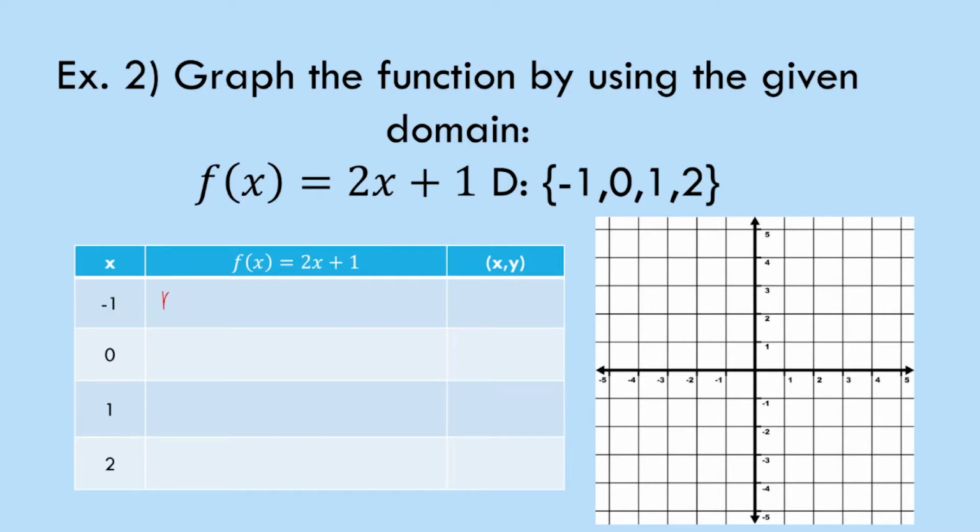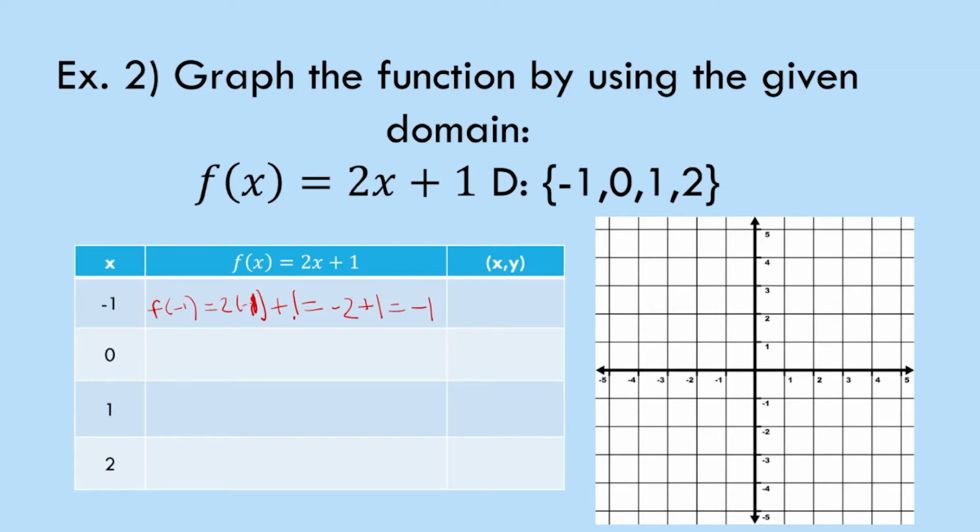Let me actually be a little more careful with this one. F of -1, and I'm going to plug it in. It's going to be 2 times -1 plus 1. 2 times -1 is what? -2. -2 plus 1 is how much? -1.